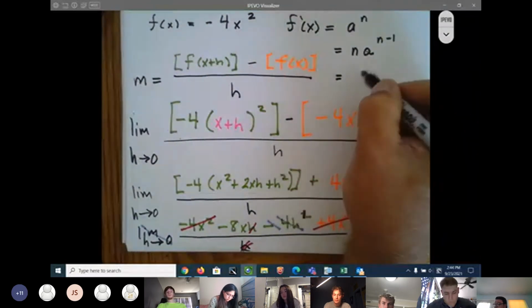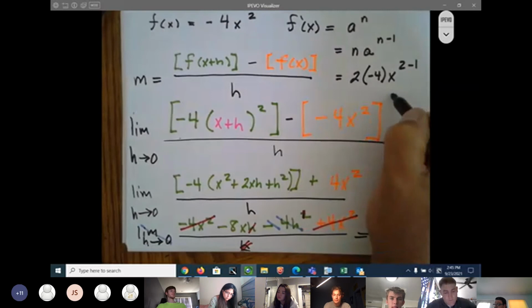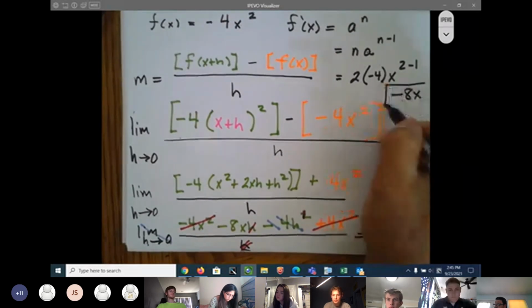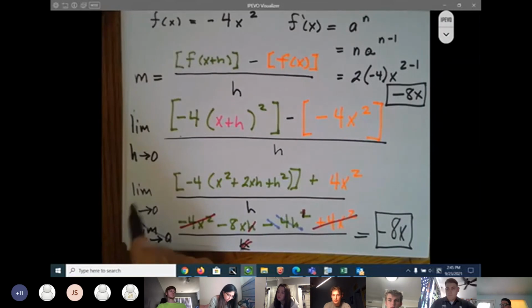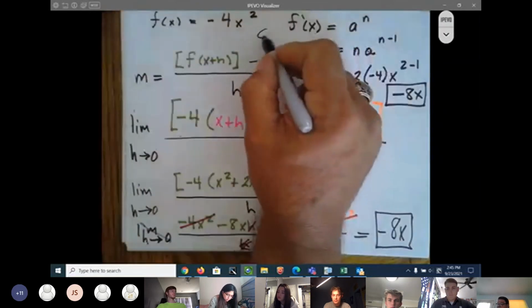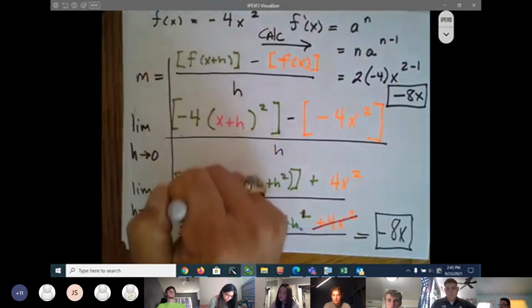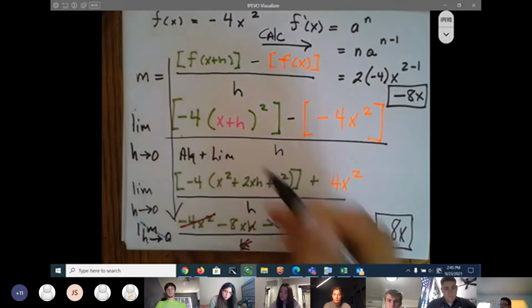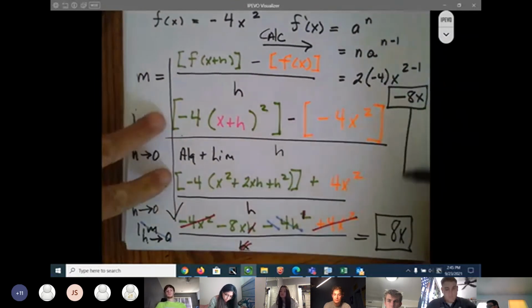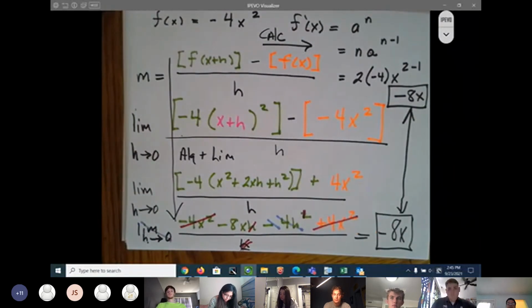So that's going to be 2 times negative 4 x to the 2 minus 1, which is negative 8x. So this is calculus, and this right here is algebra plus limit theory. And you see, you get the same answer.